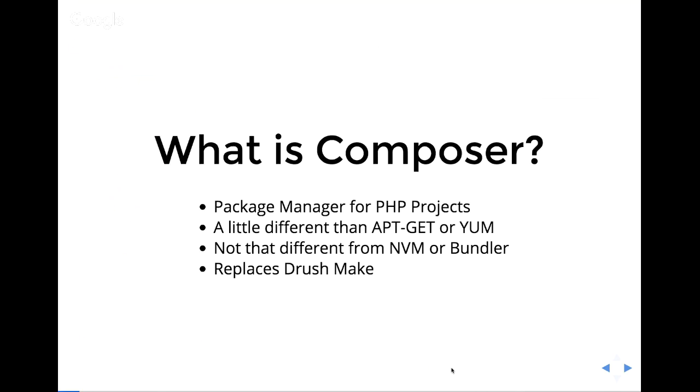What I'm going to go over is some of the basic Composer commands that you'll find yourself using on a typical Drupal project. I'm also going to go over the structure of the Composer JSON file, what everything means, and what it means to you as far as building and managing a Drupal site.